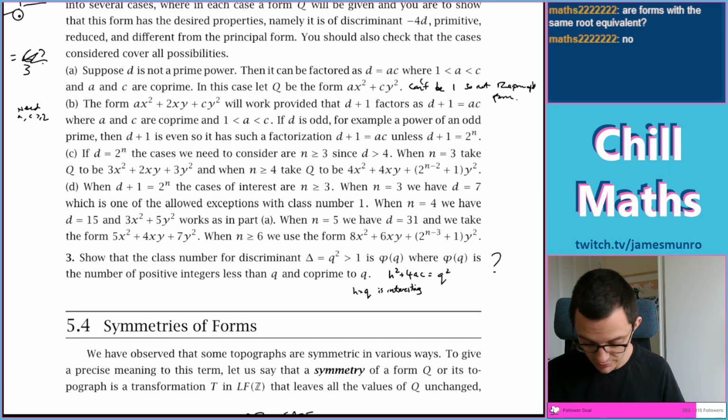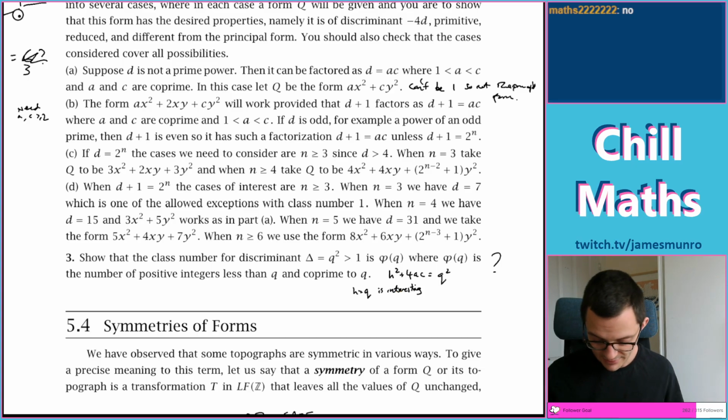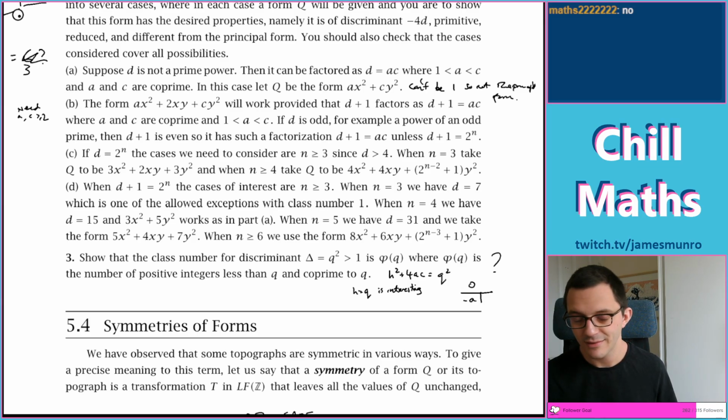And because h equals q gives us either a or c as 0, so we have a bit of positive number, so we have a bit of separator line, where the value on one side is 0 and the value on the other side is, let's say, negative a, then no, almost, but you can... I've got a feeling that primitive ones with the same roots are equivalent.